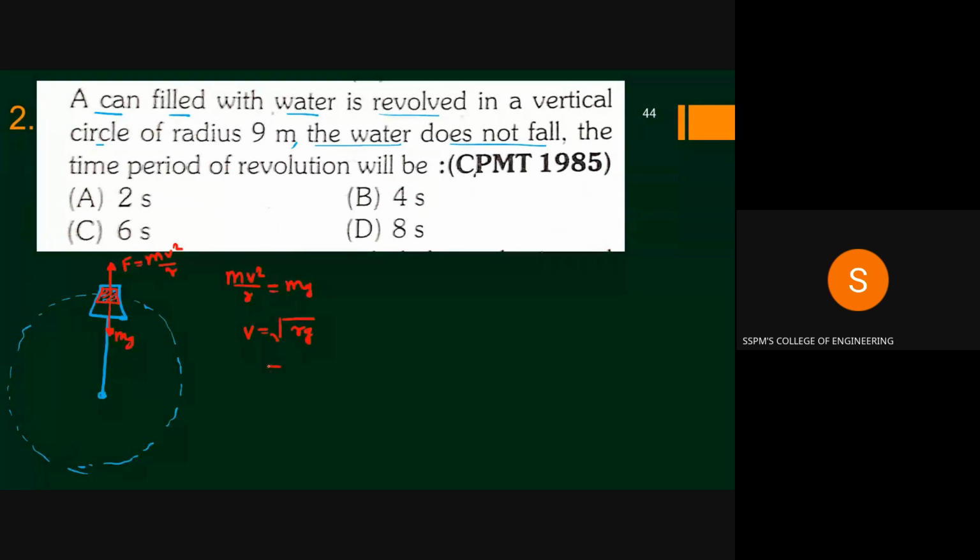Okay, so now refer the given values. The radius is 9 meter, so square root 9 into 9.81.